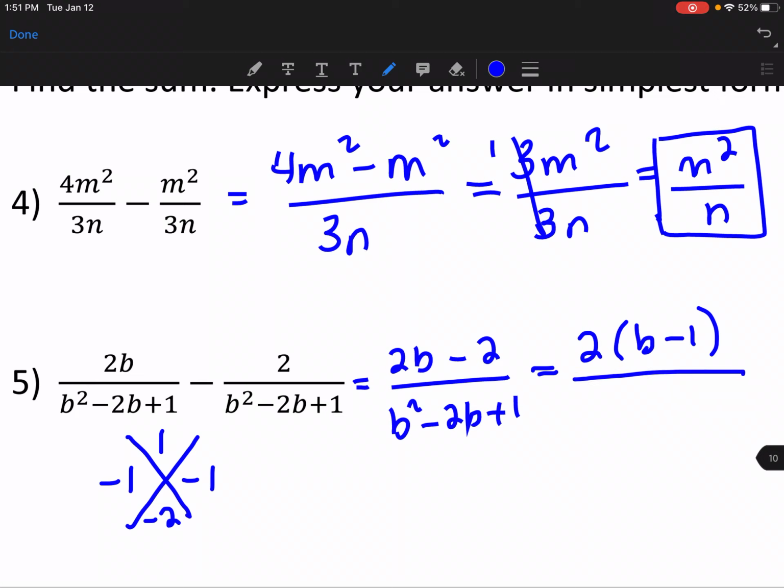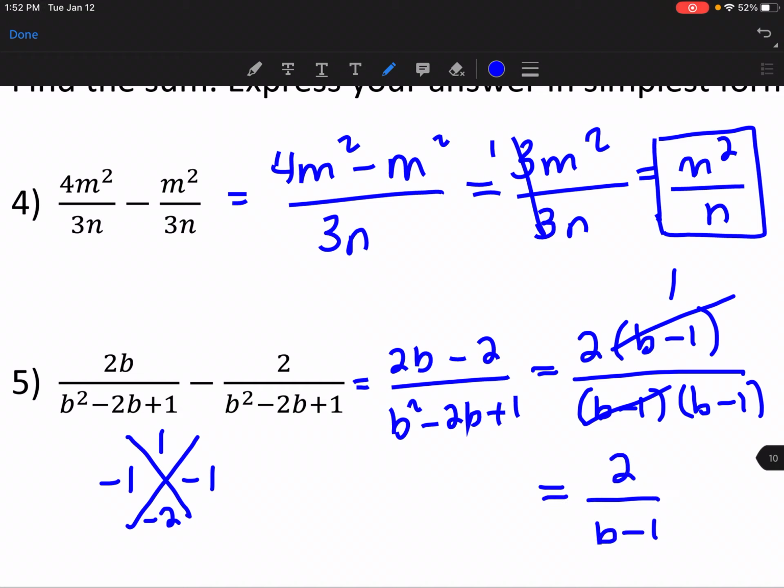So this gives me b minus 1 times b minus 1. Then I look at this. I have b minus 1 in my numerator and b minus 1 in my denominator. b minus 1 over b minus 1 gives me a 1. Therefore, my answer is 2 times 1, which is 2, all over b minus 1.